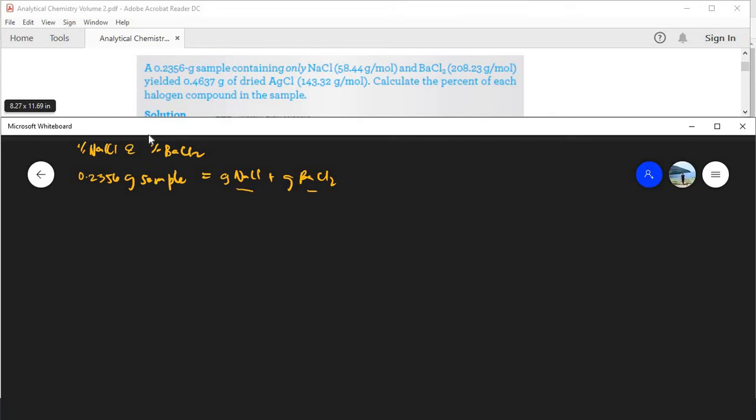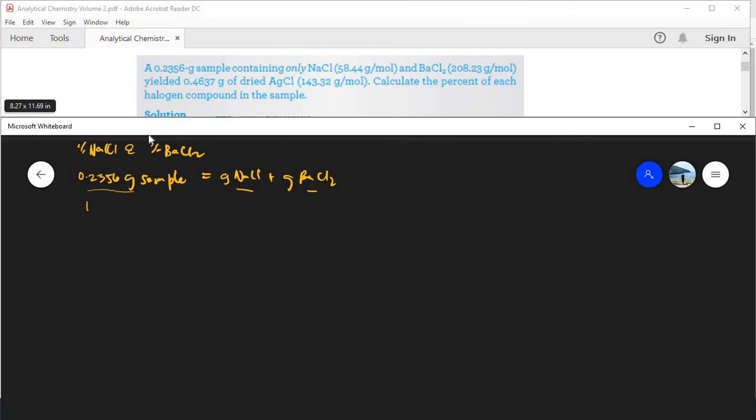Because we're given a gram sample, this is a solid. It was dissolved and then given a reagent, so the reagent must contain silver ion.